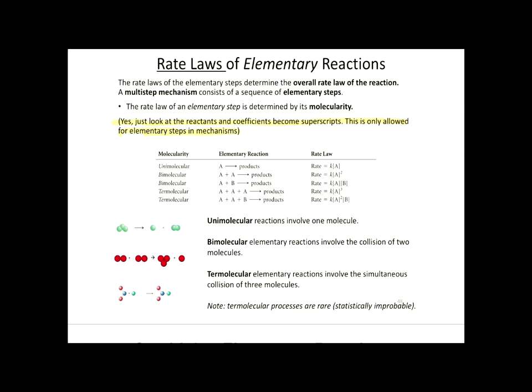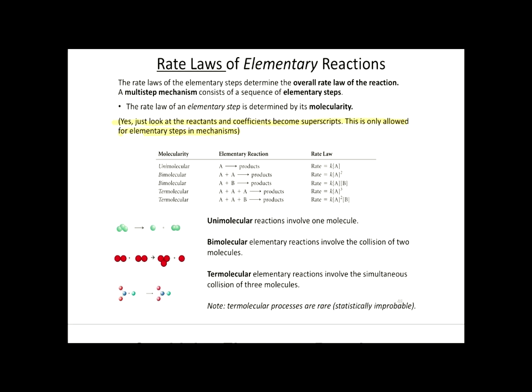So when I give you a mechanism, these mechanisms are composed of very simple elementary steps where one collision is happening. So when we have an elementary step, we can just use the stoichiometry to get the orders of the reactants in the rate law. So you can finally do that, but only for elementary reactions.